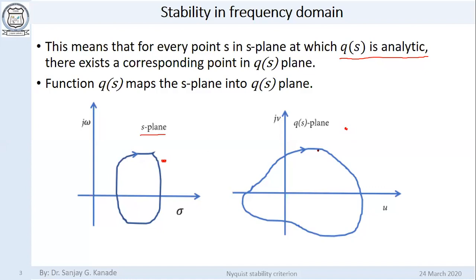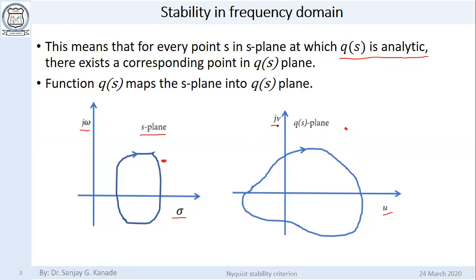There will be a one-to-one relationship between the two planes. So when this function Q(s) is applied on the variable s, the whole S plane is converted into a Q(s) plane, and the axes get converted from sigma plus j omega into u plus jv.